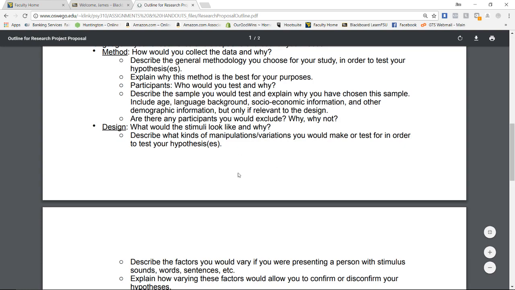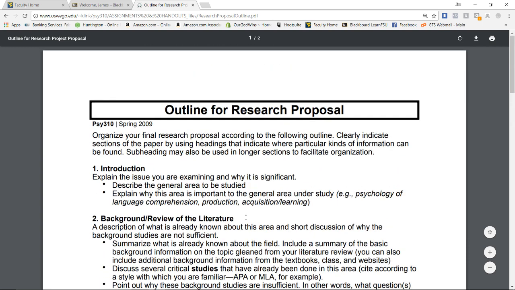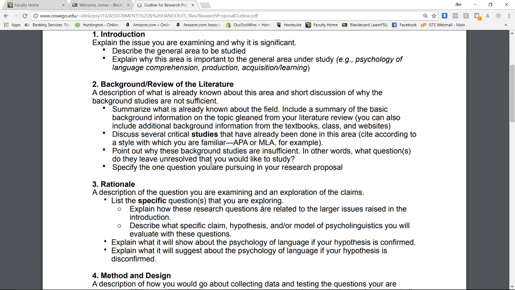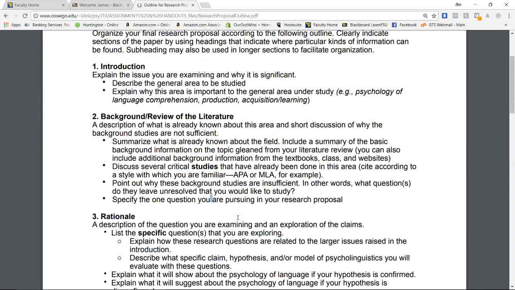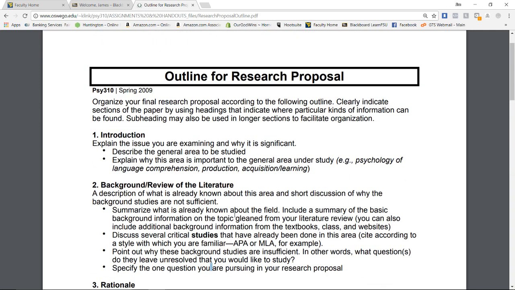Do maybe a Google search for sample research proposals, sample argument research proposals, or just sample research essay proposals, and see what you can find. Maybe you'll find some that are set up the same way as this, and then you'll have an example to actually look at, okay? I did look at some of that, and a lot of the ones I was looking at weren't really relevant because they were about things that weren't really just an argument essay. But maybe you'll have better luck.